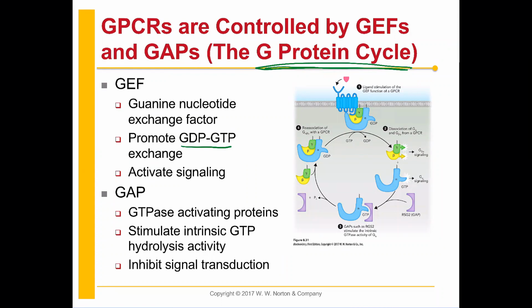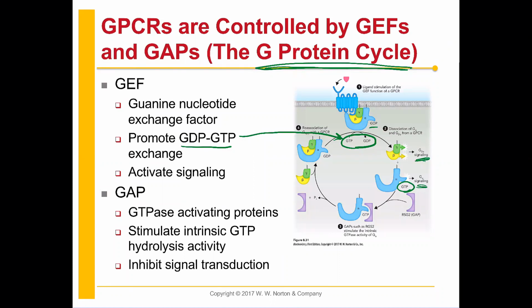We saw that they induce this conversion, where we had GDP and now we have GTP. So now our G protein is active and doing its thing. We're going to have lots of downstream things happen. That's great. Okay, how do we make it stop?